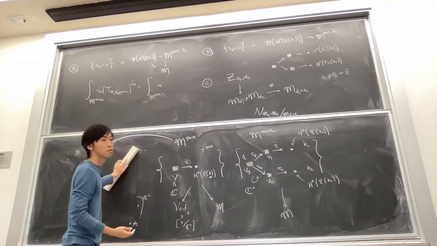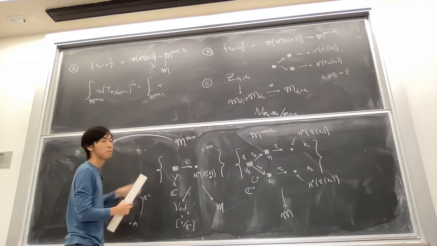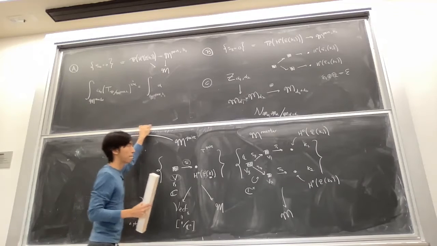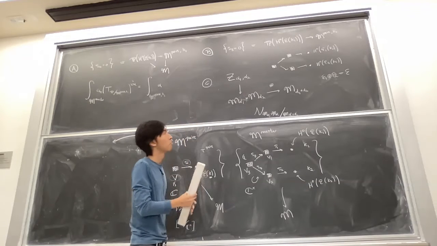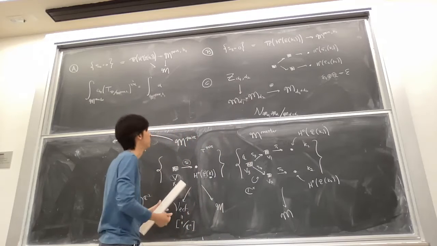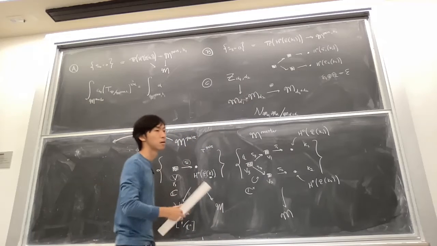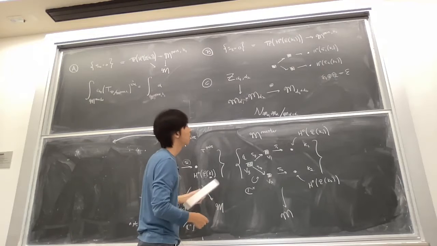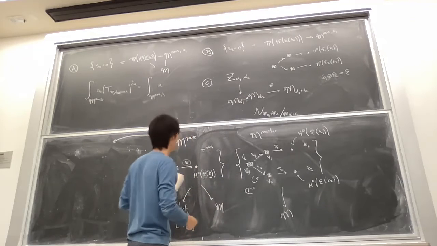Yes, there's a little bit more. All the K dependence sits there. That's correct.